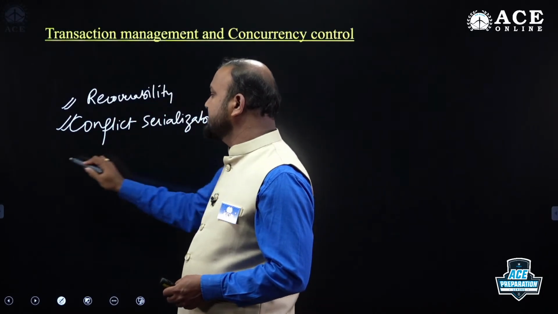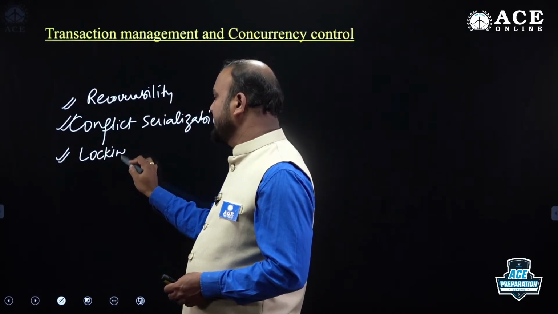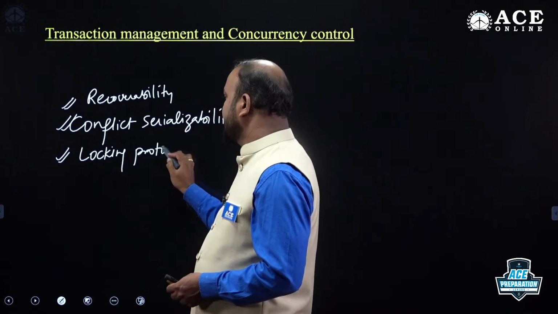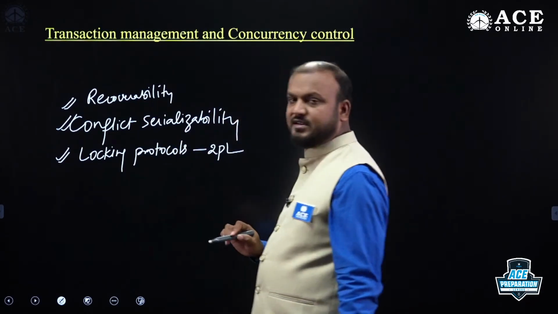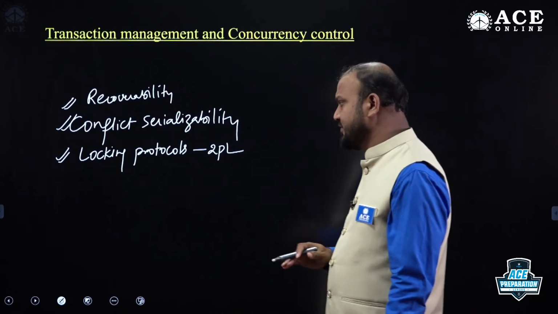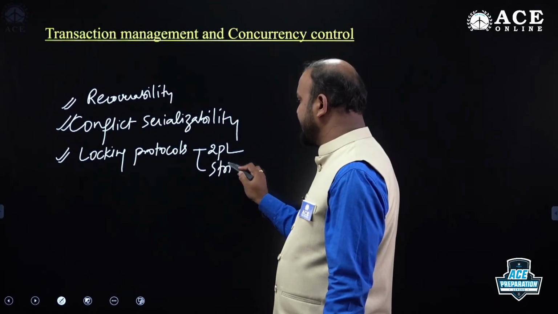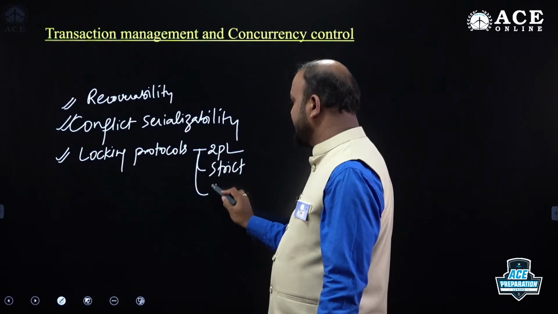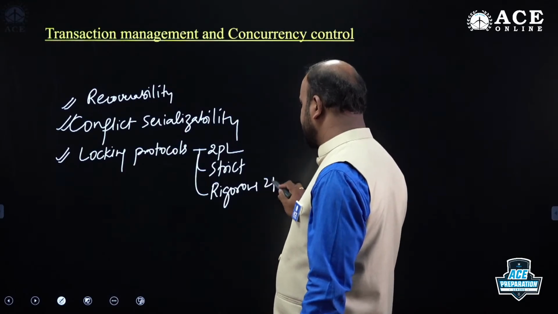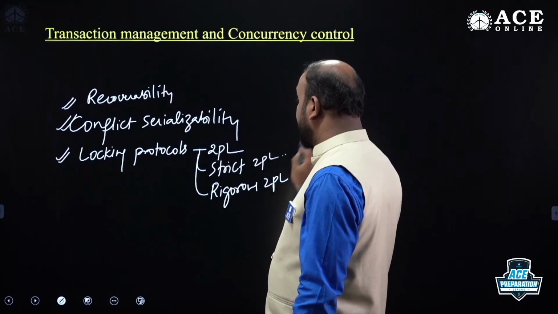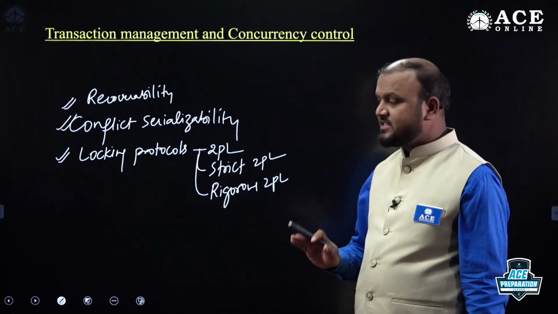And there are few questions asked on locking protocols, mostly about two-phase locking, 2PL protocols. And its modifications, strict 2PL and rigorous 2PL, on that some questions are asked. And these are the topics from where questions were asked in the previous years.